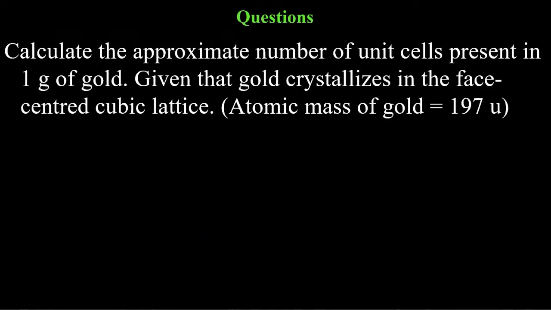Next question. Calculate the approximate number of unit cells present in 1 gram of gold, given that gold crystallizes in FCC. The atomic mass of gold is 198 units. So from here, you can calculate the total number of atoms. From that, you can get the number of unit cells also.